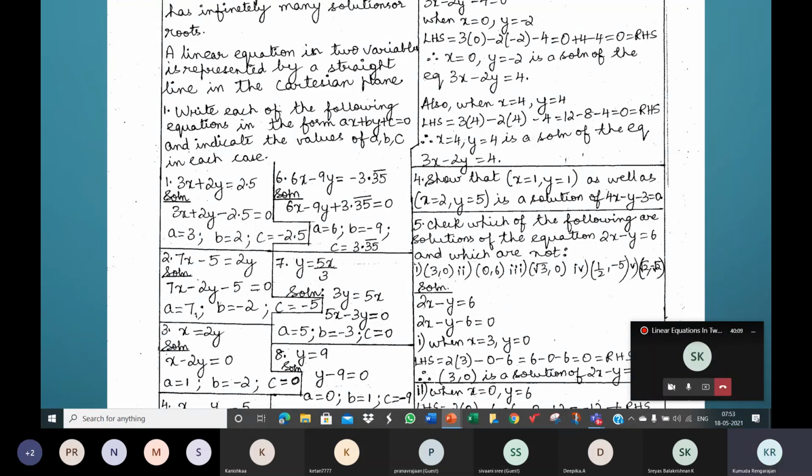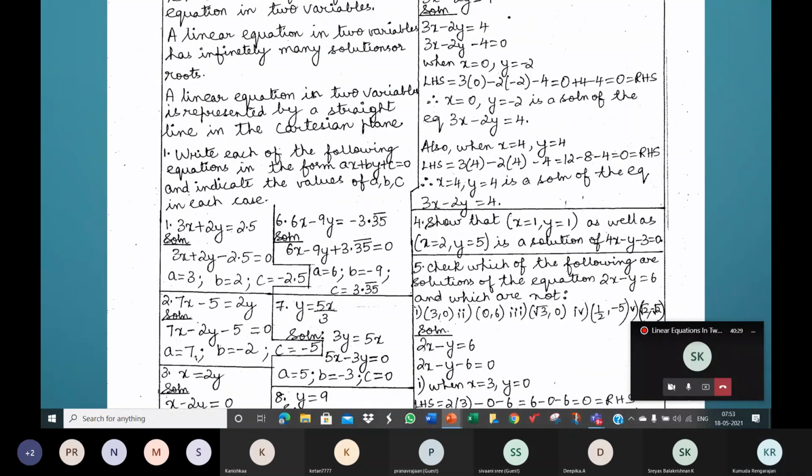On the straight line, we have so many points. Every point on the straight line will satisfy the corresponding linear equation. That is why a linear equation in two variables x and y has infinitely many solutions.